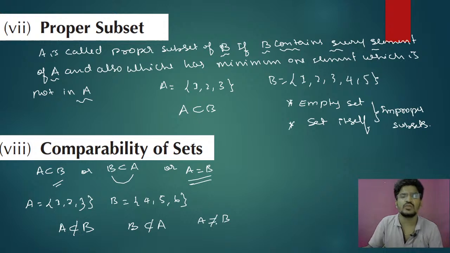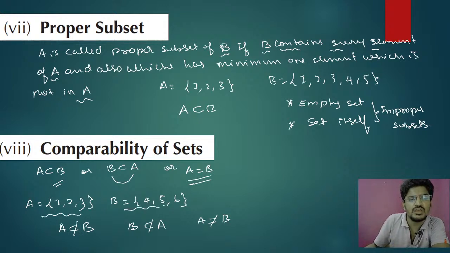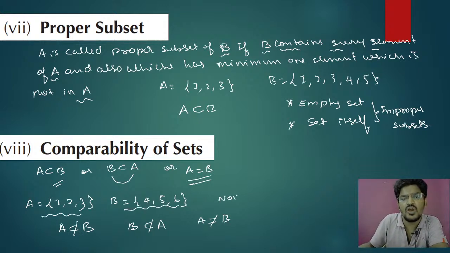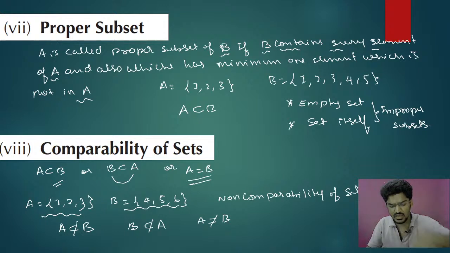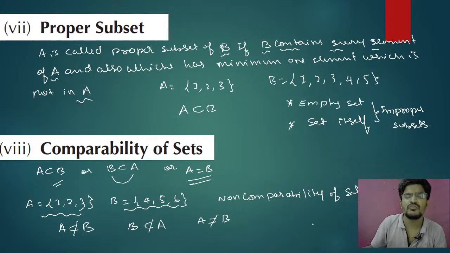A is not equal to B. So from this you can see that these two sets are non-comparable, or you can say non-comparability of sets.